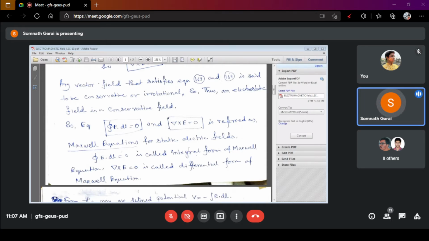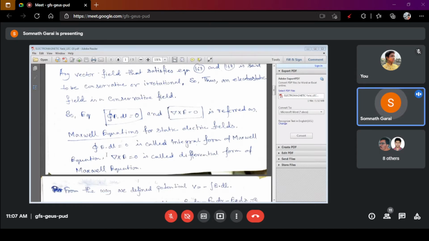Now the first equation, the closed integral of E dot dl is equal to 0, is called the integral form of Maxwell equation of the electrostatic field.